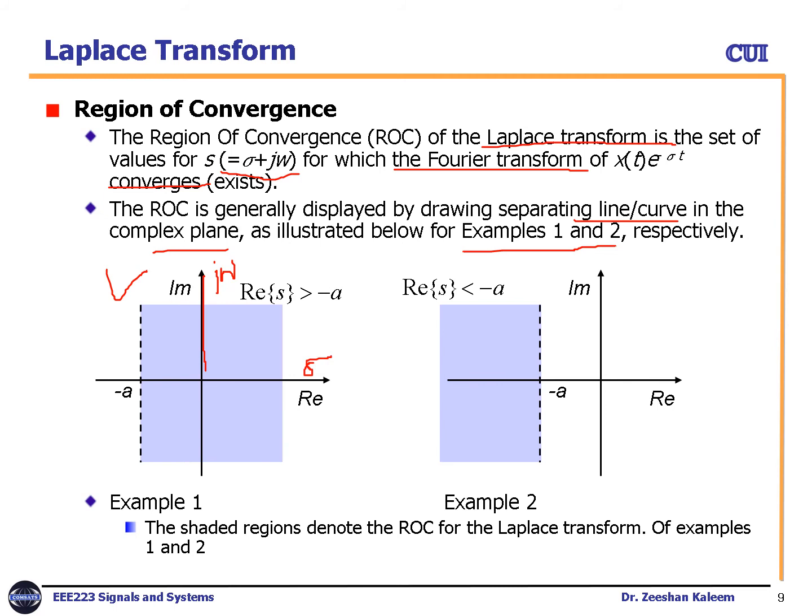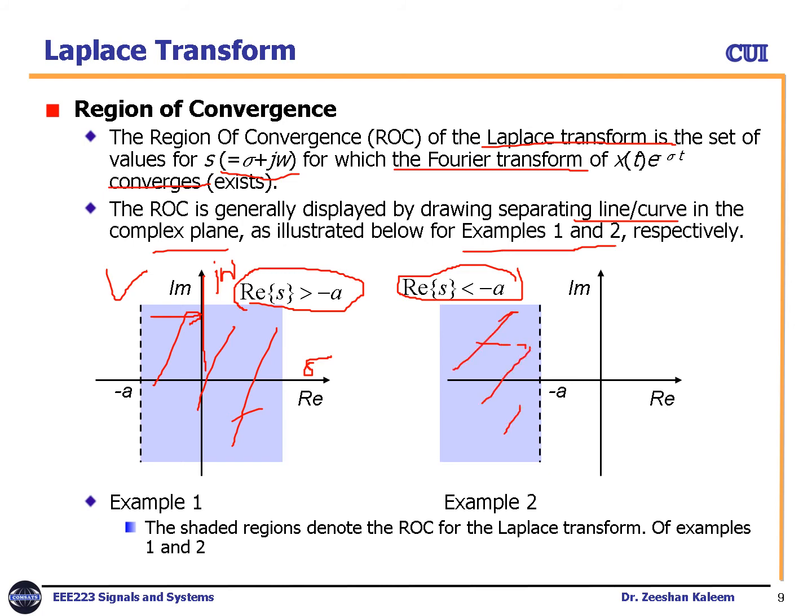You can notice that for example 1, the condition was real of s should be greater than minus a for the existence of the Laplace transform. So the region of convergence will be in this direction, greater than minus a. Whereas for this example, the region of convergence exists for real of s less than minus a, so in this direction, right?